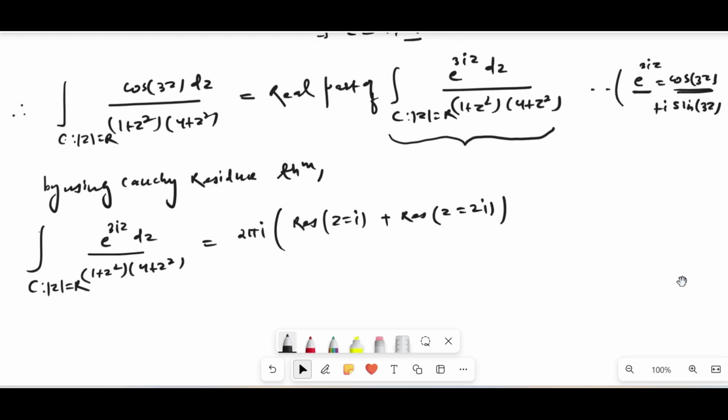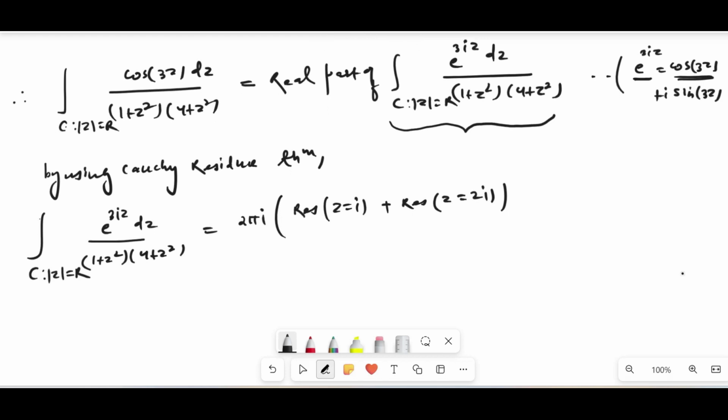So we can write that as equation number 3.